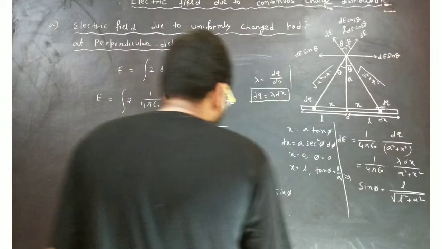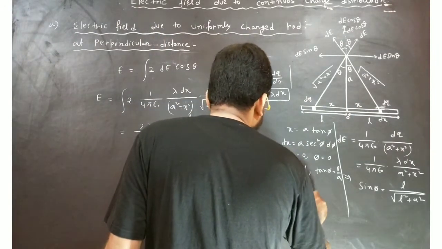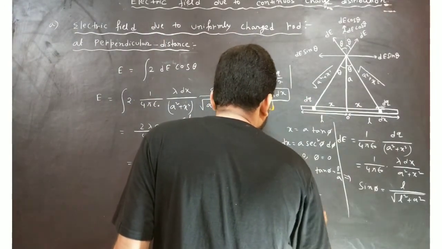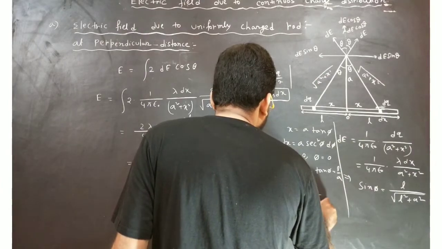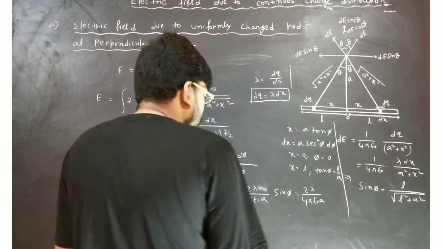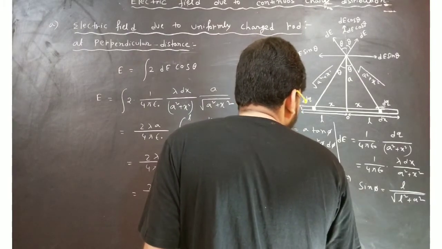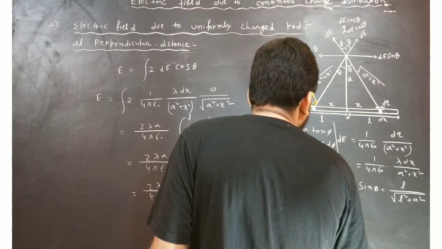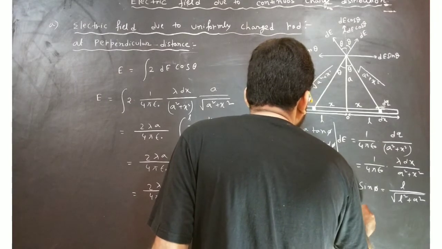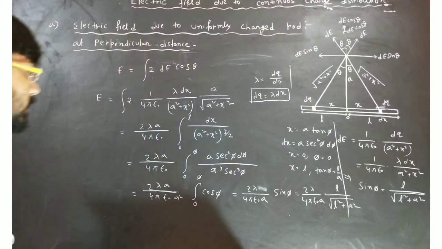So the final expression will be 2 lambda divided by 4 pi epsilon 0 A, into L divided by root L square plus A square. So this is the final expression.